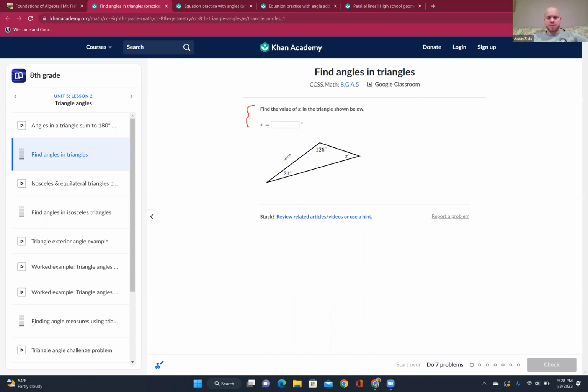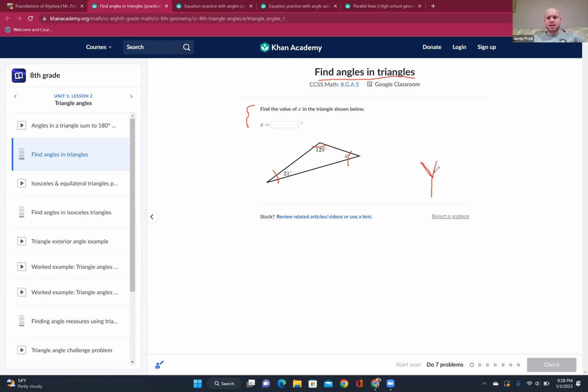So let's get started. Find the angles in triangles. If you were to cut out the three angles in this triangle, like that, and that, and that, and then you line them up so that, let's take this top 21 degree angle and put it up like this. And then the 125, that's an obtuse angle, so just like that.